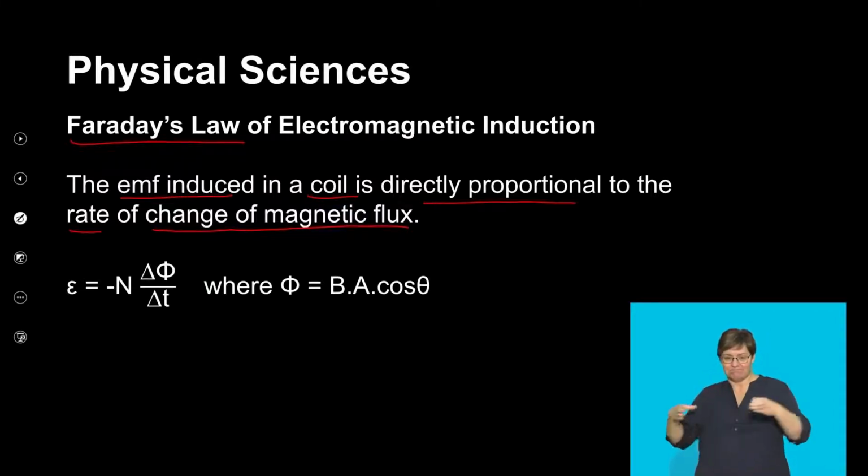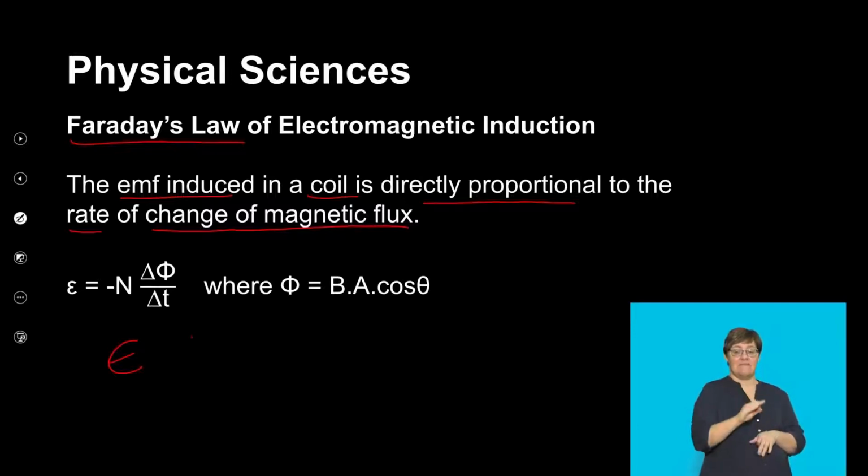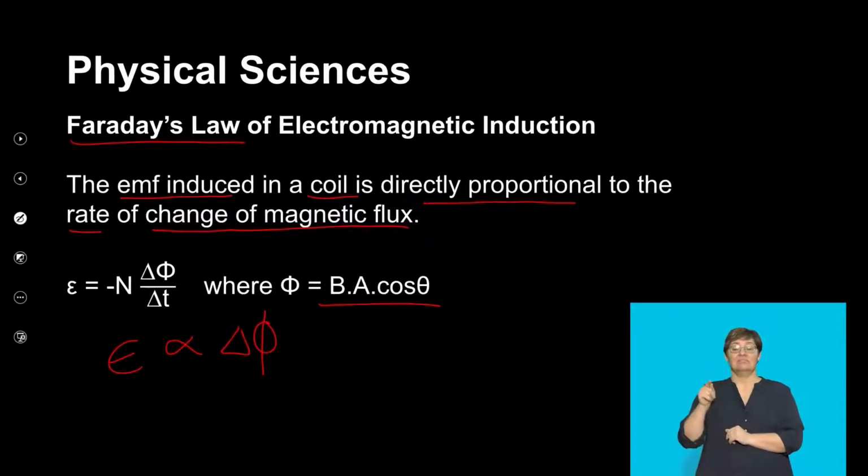So I'm going to break it apart just for the moment. It's telling me that the induced EMF is directly proportional to the change in magnetic flux. The phi bit represents the field strength times the area that is perpendicular, and that cos theta does the little correction if it's not at a normal area.